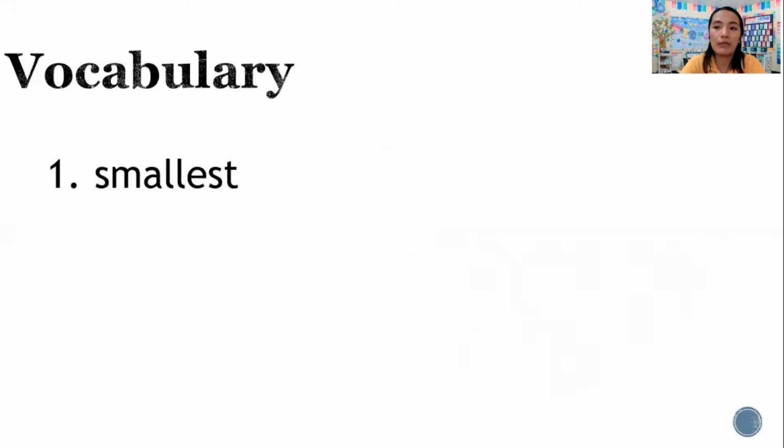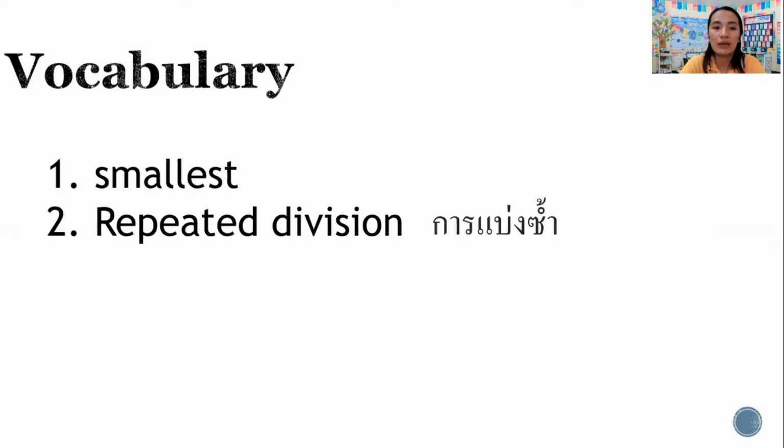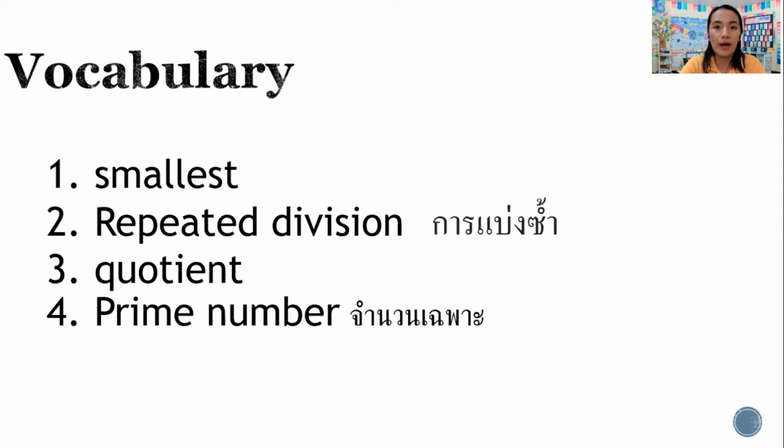Let's read the vocabulary. I will read and I want you to follow after me. Number 1, smallest. Number 2, repeated division. Number 3, quotient. Number 4, prime number.